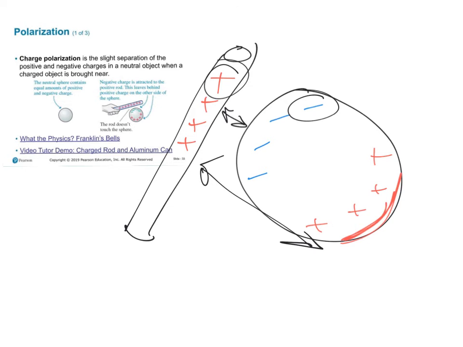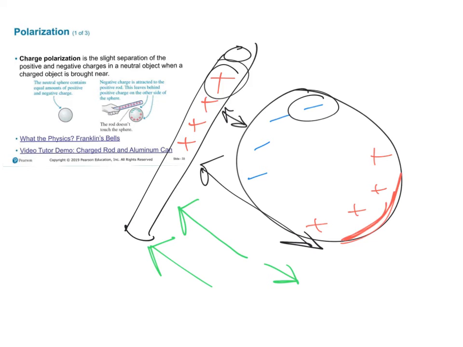So what this means for our model is that overall, the force experienced by the sphere is really big towards the rod and pretty small away from the rod. So as a net force on the sphere, it's going to be pulled towards the rod.